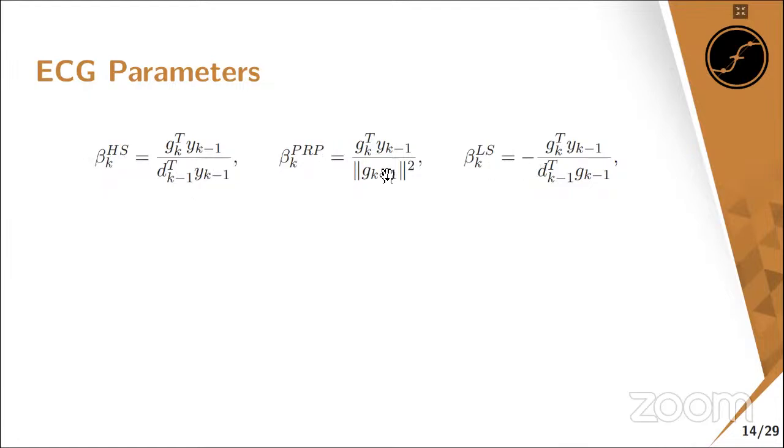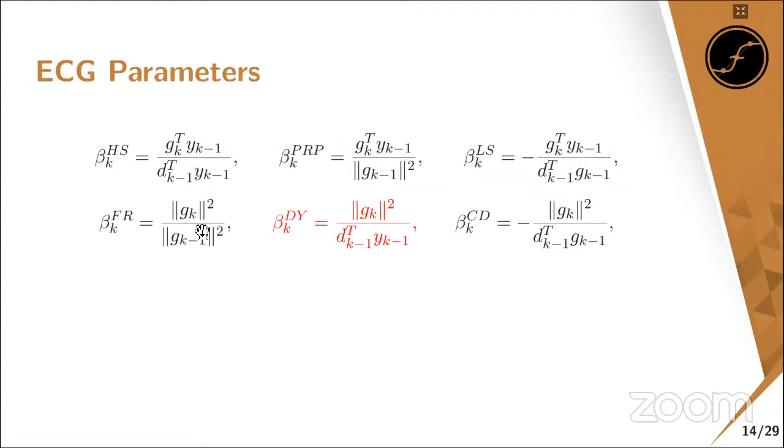These three parameters are considered to be numerically effective because of the restart strategy, which allows them, if they are taking short steps, to restart themselves as a steepest descent method in order not to continue taking short steps. The other group, given by this set of parameters, is considered to have very good convergence properties, but their numerical performance is not always good.